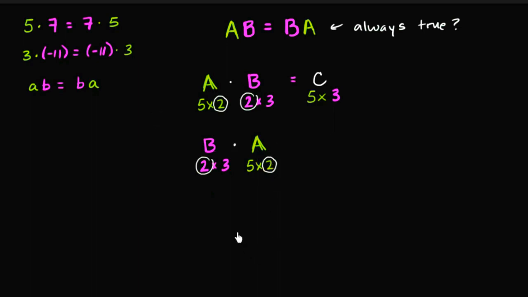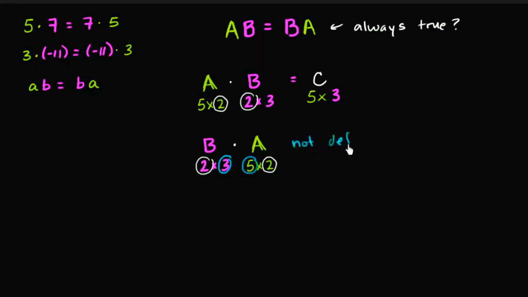Well, the first question is, is matrix multiplication even defined for these two matrices? When you look at the number of columns that B has and the number of rows that A has, you see that it actually is not defined, because we have a different number of columns for B and rows for A. So here, the product is not defined.